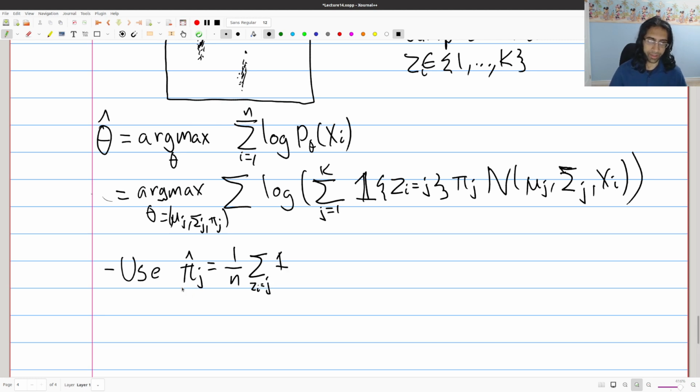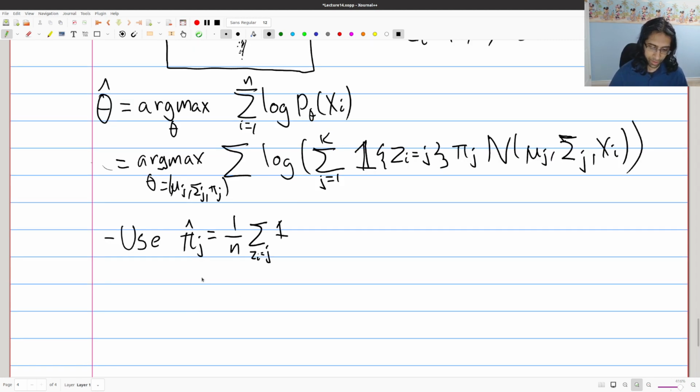So you can take the mixing weight for component j to be the fraction of points which fall into component j. You can also have mu hat of j be equal to, let me write it a bit bigger so that you can read it.